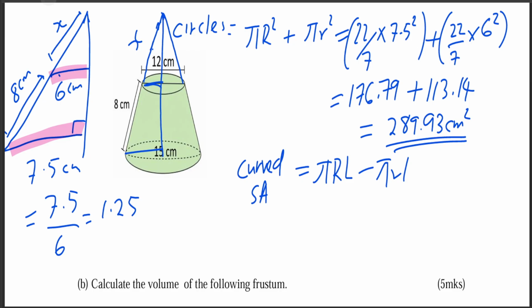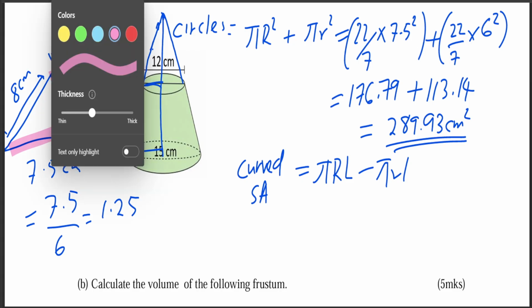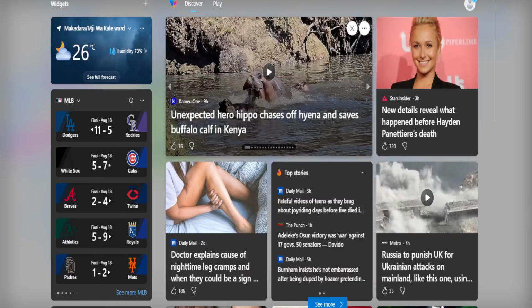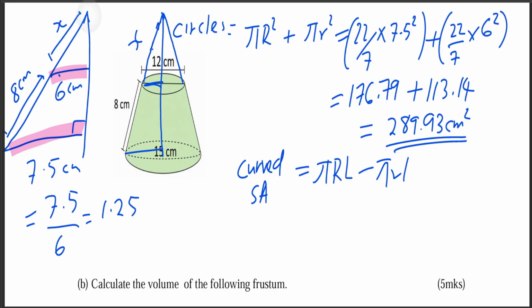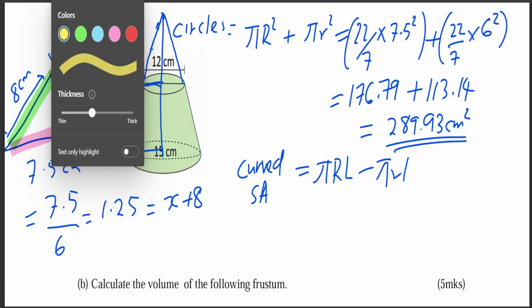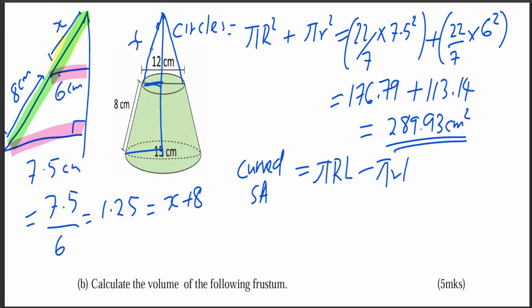And that same linear scale factor, if you take the slant height of the bigger cone, which is x plus 8, because you take from top to bottom, and then you divide it by the smaller cone, which is this part, which is x and not 8. 8 is just the slant height of the frustum and not the smaller cone. You divide it by x, it gives you the linear scale factor of 1.25.